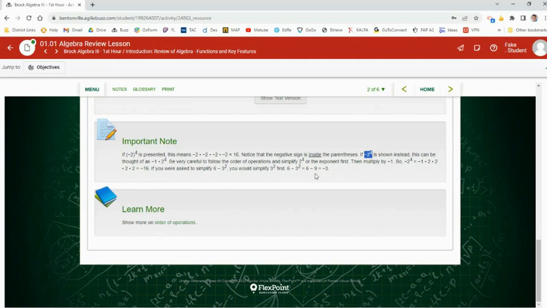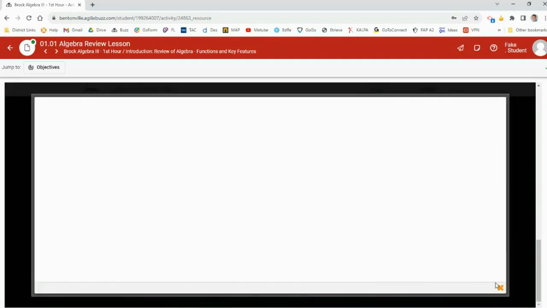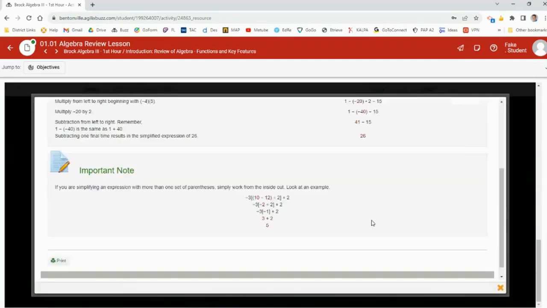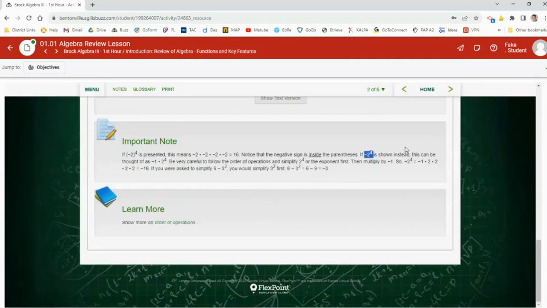So 2 to the 4th power is 16, times -1. That answer would be -16. So the parentheses make a big difference. -2 to the 4th in parentheses is different than -2 to the 4th with no parentheses. And you can click there to get more information on order of operations if you need some more clarification.